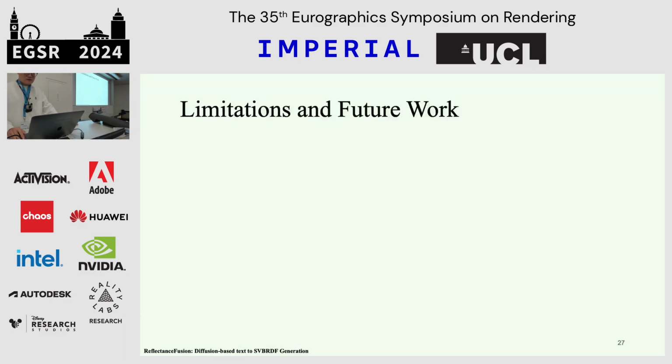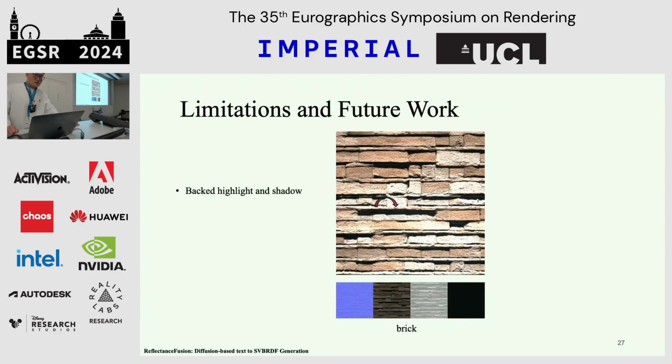Yeah, and here are some limitations and future work. Sometimes in the generated results, we have big highlights and shadows. Under light change, the shadows constantly stay in place because the shadow is baked into the albedo maps here.